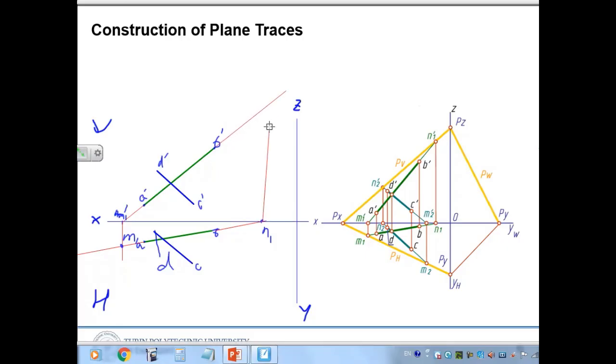So from N1 you can create N1 dash. Okay, so now we have 4 points: N1 dash and M1 dash and M1 and N1.